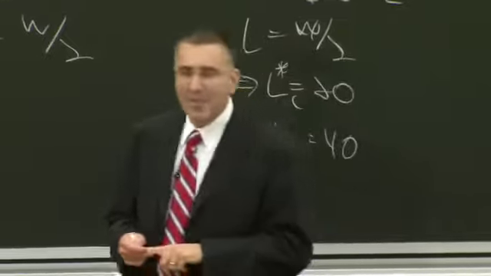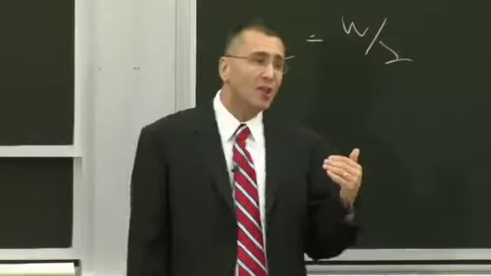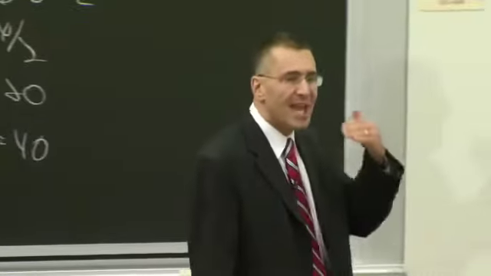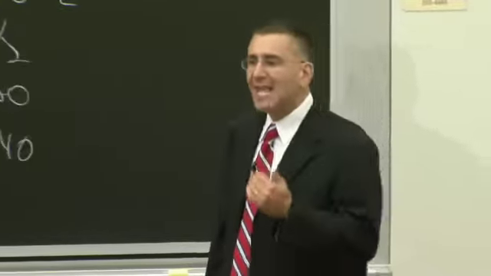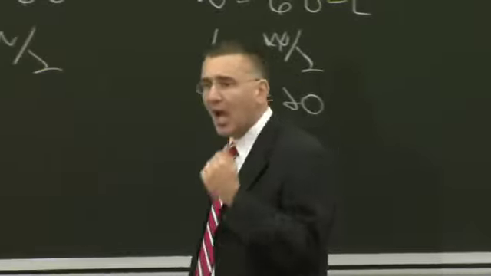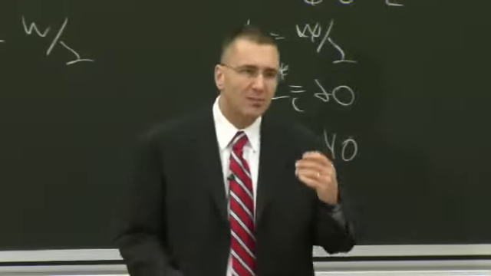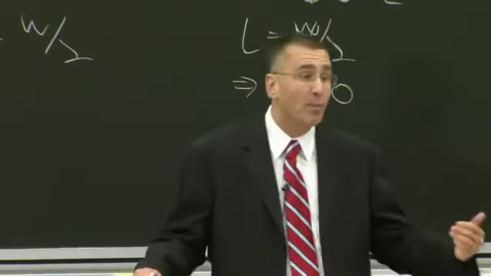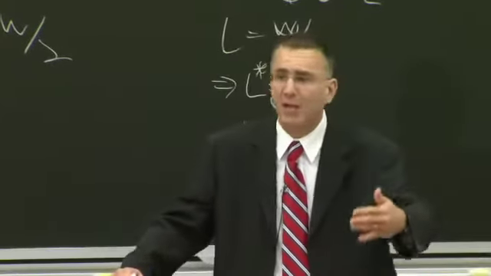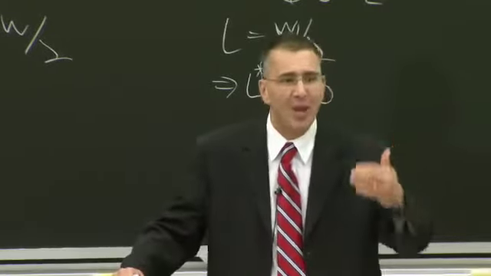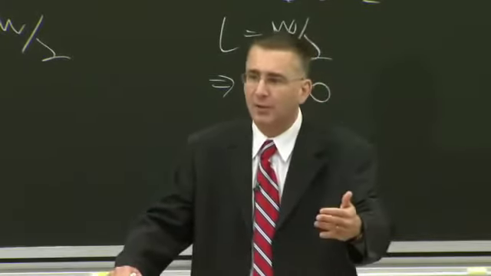They have to pay one wage to all their workers. Okay? Well, what that means is just as when a monopolist wanted to sell more goods, it had to lower the price, if a monopsonist wants to hire more workers, it has to raise the wage. Okay? Parallel thing. A monopolist had to lower the price to sell more units because it had to respect the demand curve. A monopsonist, if it wants to hire more workers, has to raise the wage because it has to respect the supply curve.